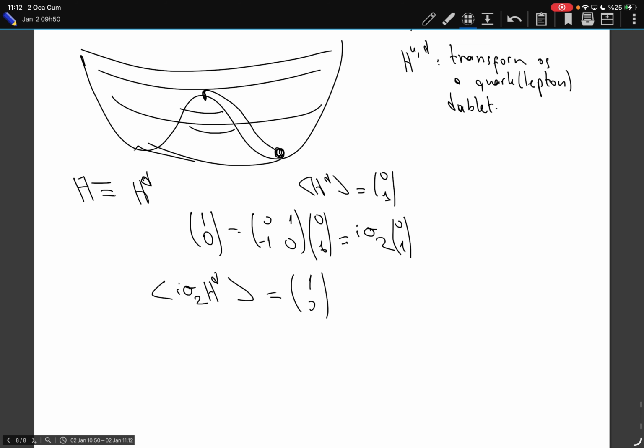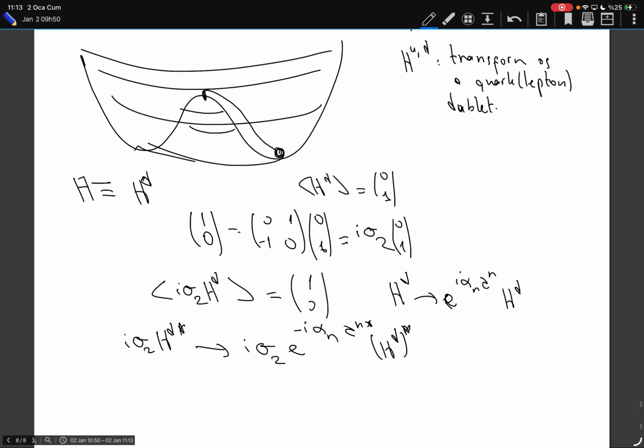Now let me look at how iσ2 HT complex conjugate transforms. Remember, it's the complex conjugate, not the Dirac conjugate. Well, remember, HT transforms as e to the power iα_n τ_n HT. So under an SU2 symmetry, it will become iσ2 e to the power minus iα_n τ_n conjugate HT star.